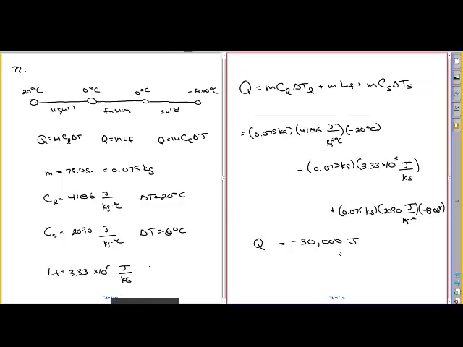So they got 32.6 kilo, 32,000. What did I get? 30,000. Make sure I answered the problem correctly. Negative 20 degrees, negative 8, 0.075.